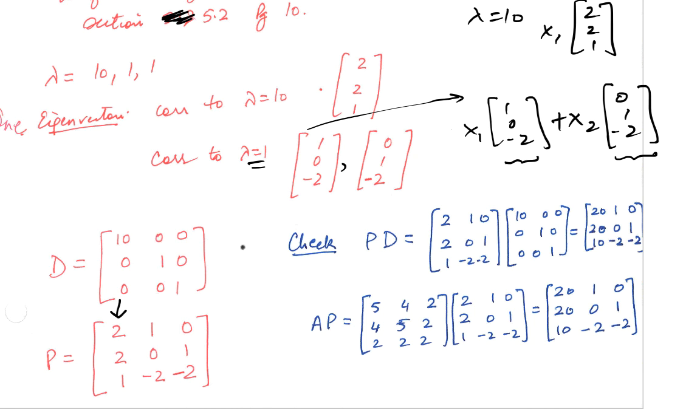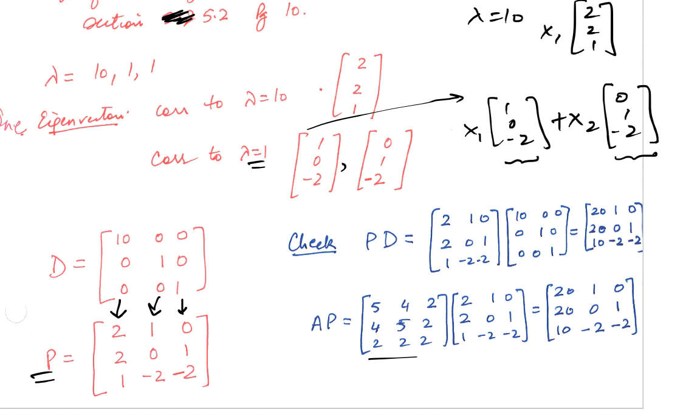It can be this or this, it does not matter. So this is 0, 1, 0 and this is 0, 0, 1. Both of them are coming from lambda equals 1. And then we just simply check P times D and A times P. Both of them are basically the same. And hence, we have been able to find this P that diagonalizes the matrix A.